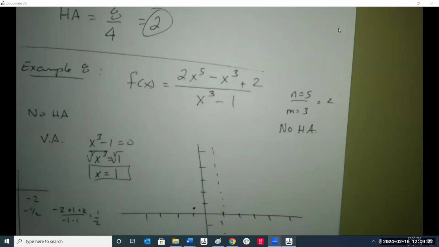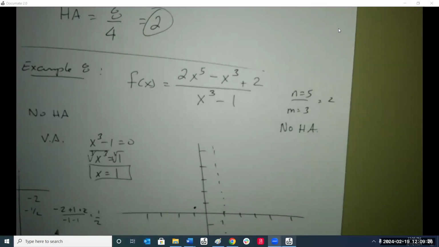When x is negative 2, 2, 4, 8, 32, so it's negative 64 plus 8 plus 2 is negative 54 over negative 9.